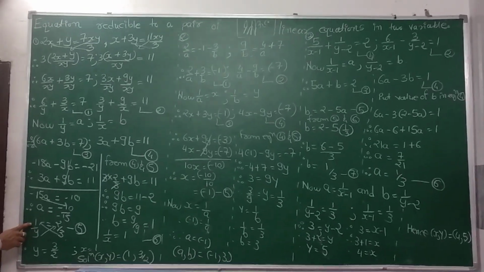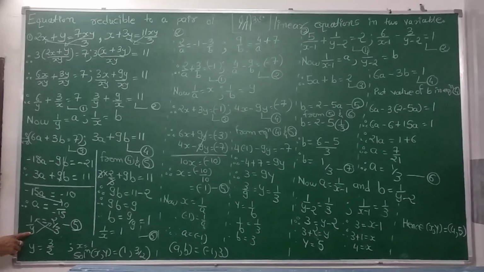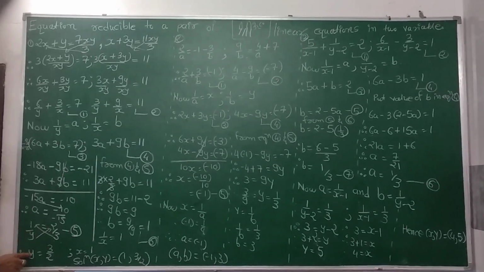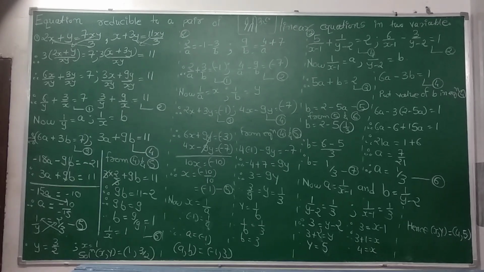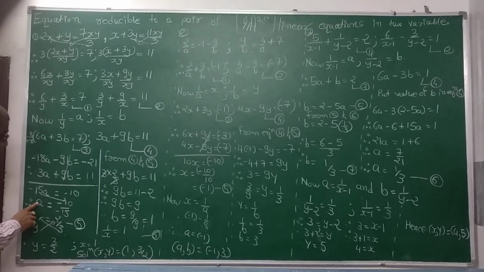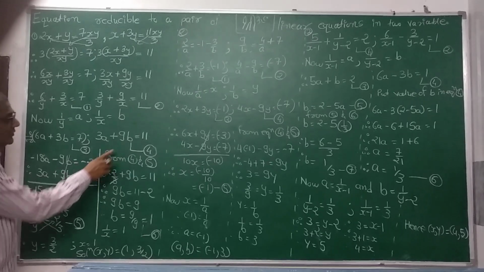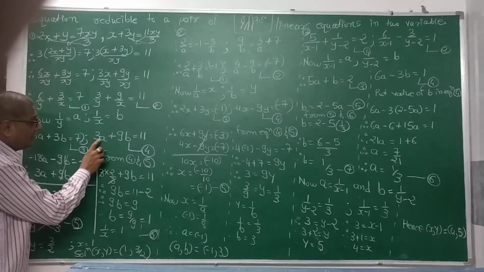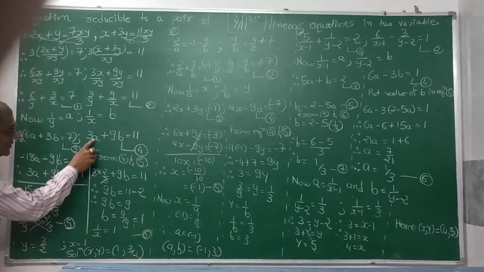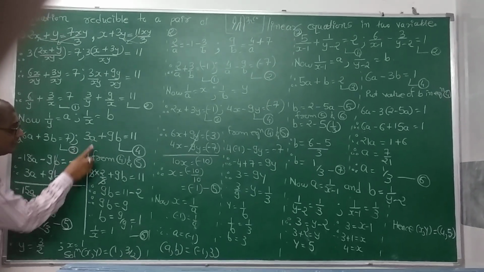Instead of a, we are taking 1 upon y, and by the cross multiplication method, the value of y is equal to 3 upon 2. Similarly, we put the value of a in equation 4. We put the value of a as 2 upon 3, which is called the substitution method.